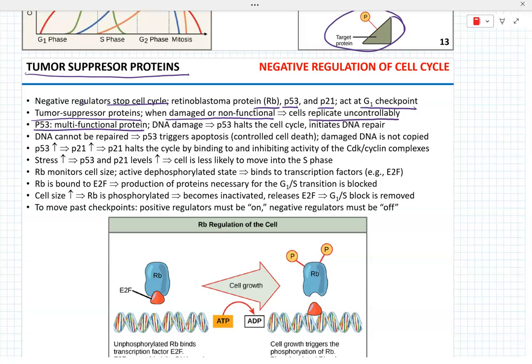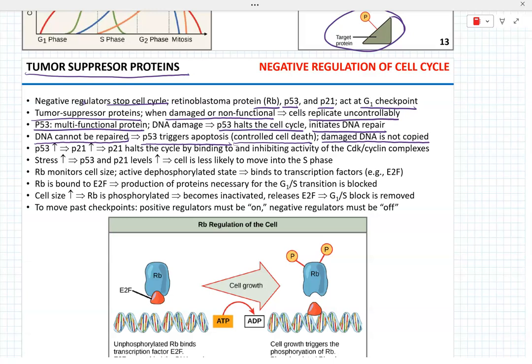If DNA damage is detected, P53 stops the cell cycle and initiates the repair of the DNA. If DNA cannot be repaired, P53 sends the cell into apoptosis, programmed or controlled cell death. If the cell dies, damaged DNA is not copied and cannot be passed to the next generation of cells.